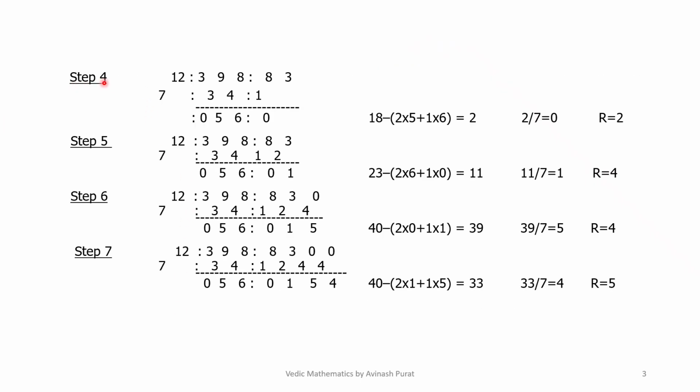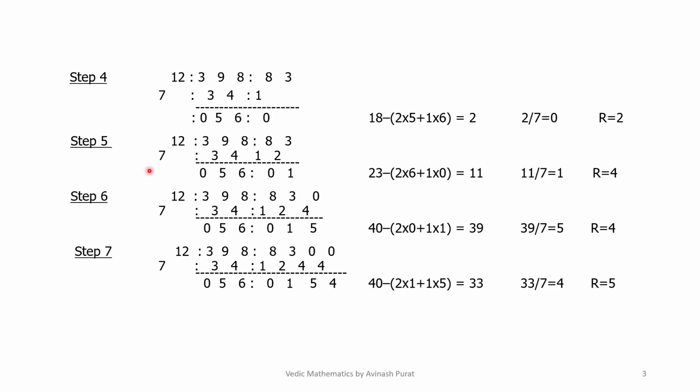Step 4. 18 minus 2 into 5 plus 1 into 6, that is equal to 2. So 2 by 7 equals 0, and R is 2, that is remainder 2.